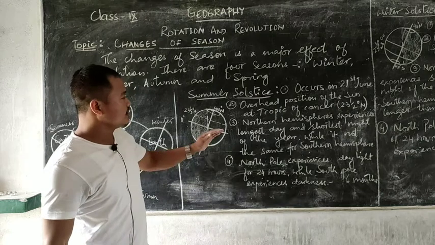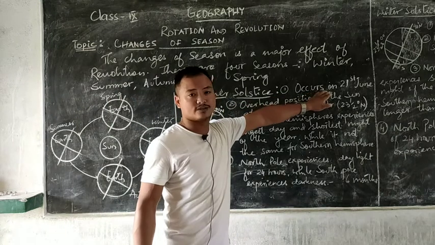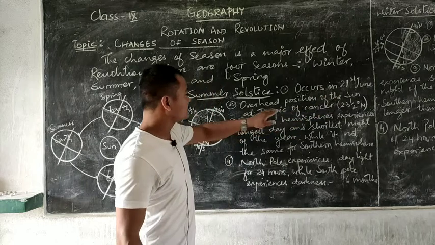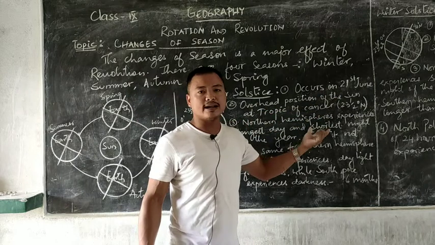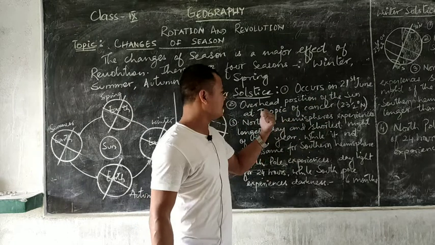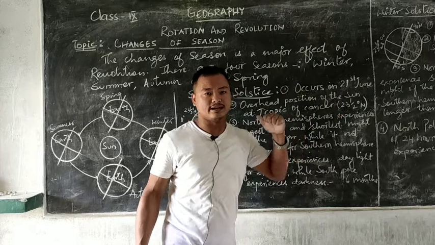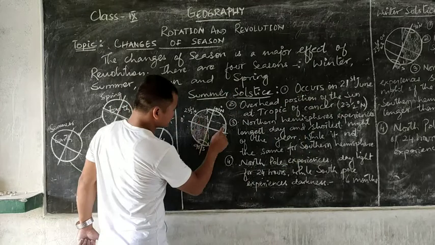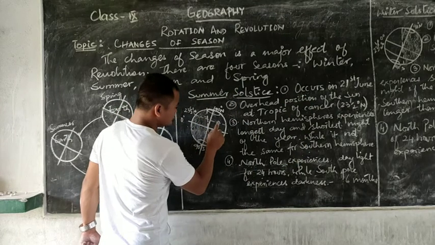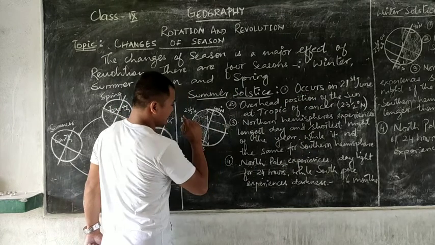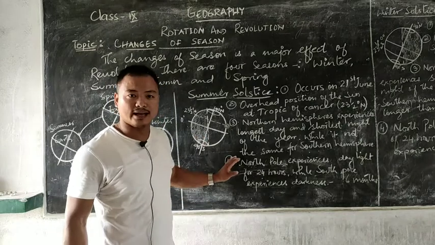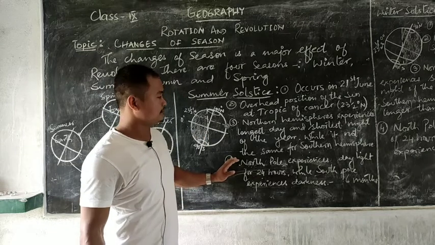This happens on 21st of June, when the sun is at its overhead position at the Tropic of Cancer, that is 23.5 degrees. If you can see, this line is 23.5 degrees, and over this line the sun remains at its overhead position during this time of the year.